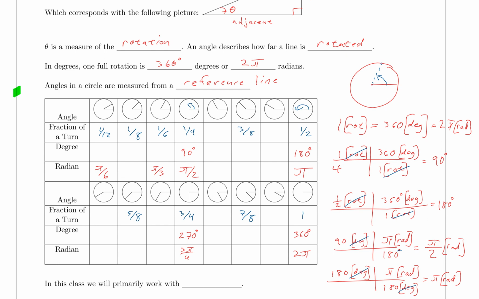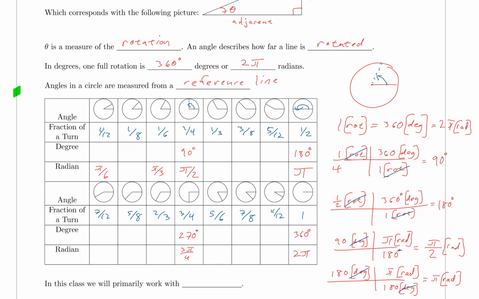This fraction of a turn here, that is 1/3. Here we've got 5/12, 7/12, and then here's a nice angle, 2/3, 5/6, and then 11/12. Okay, good.